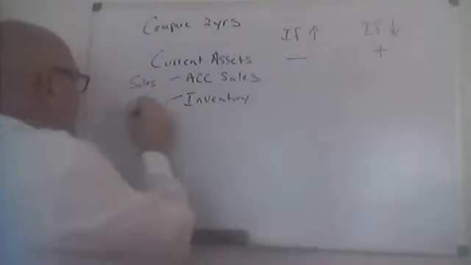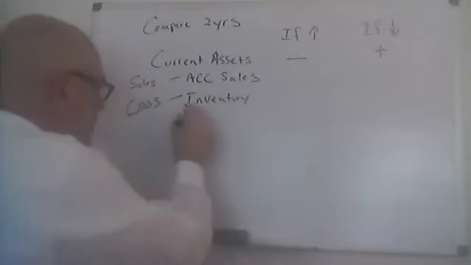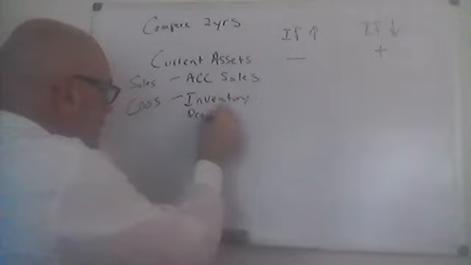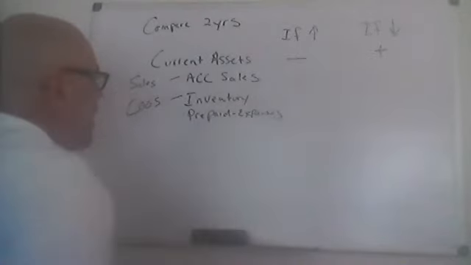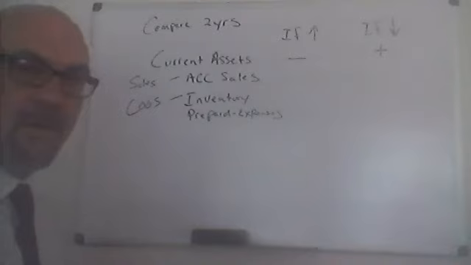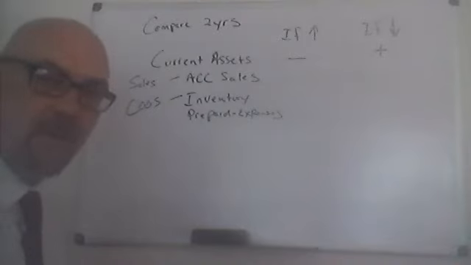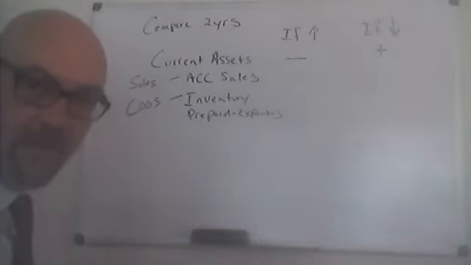Inventory, as I went through, is because of the cost of goods sold adjustment we need to make from taking our income to a cash basis.